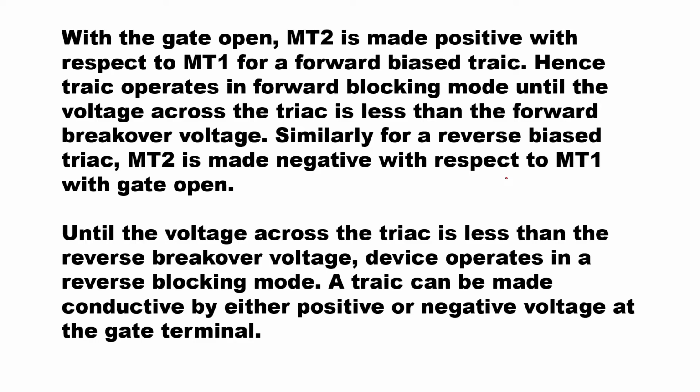Similarly, for a reverse bias triac, MT2 is made negative with respect to MT1 with gate open. Until the voltage across the triac is less than the reverse breakover voltage, the device operates in reverse blocking mode. A triac can be made conductive by either positive or negative voltage at the gate terminal. This is what we have spoken about when we explained the layer diagram of the triac.